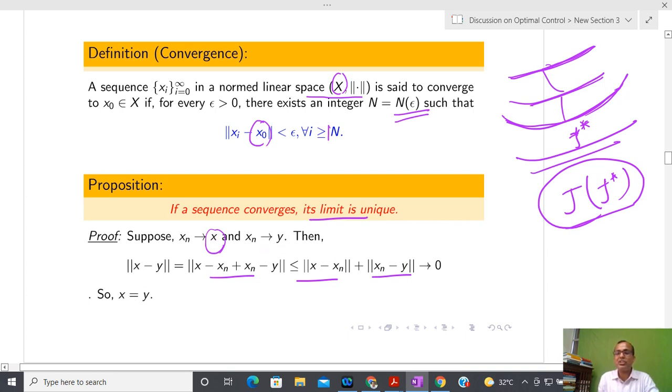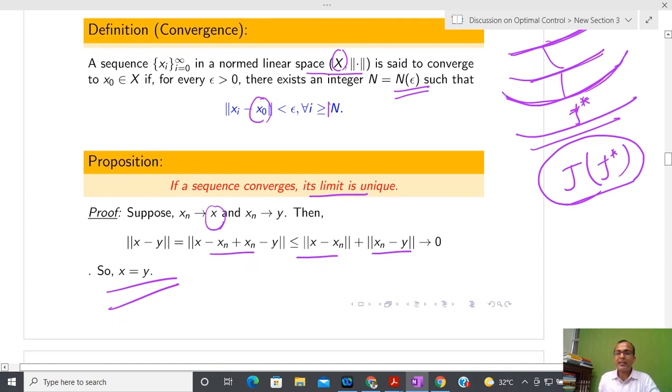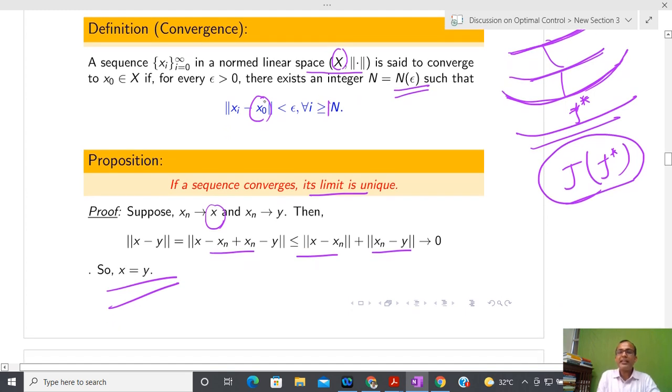Due to that, this is 0. So x minus y equals 0, so I have only one choice. In this way we can guarantee that if a sequence converges, then the limit is unique.